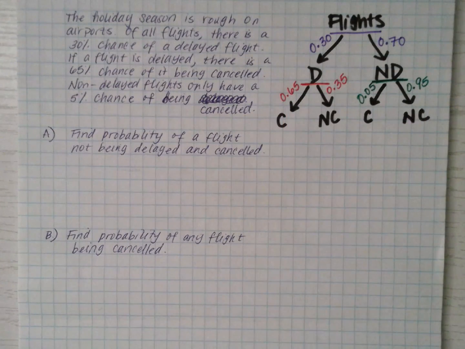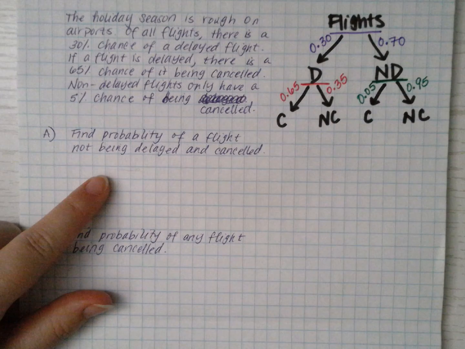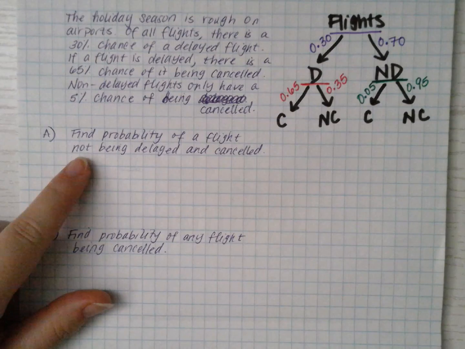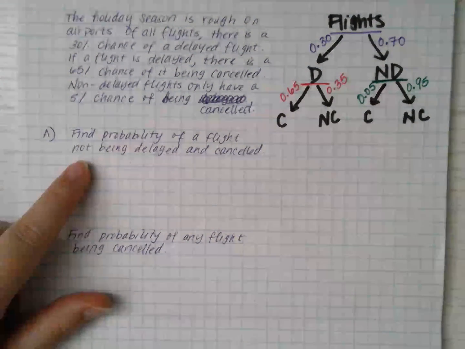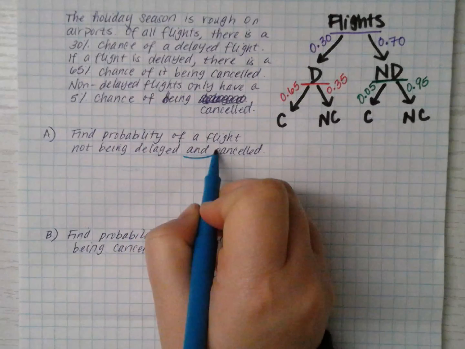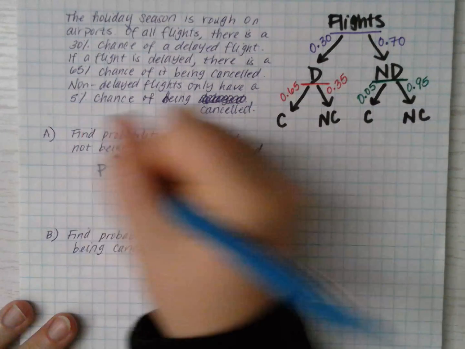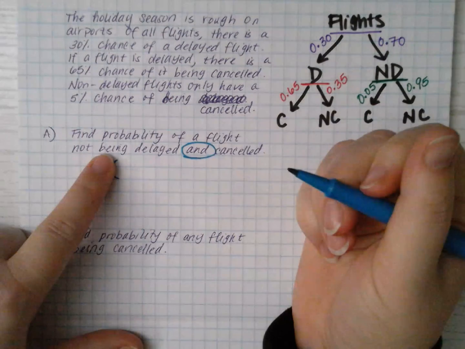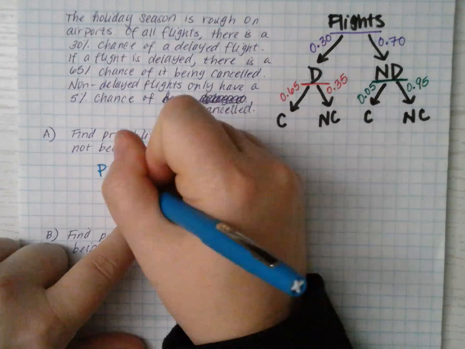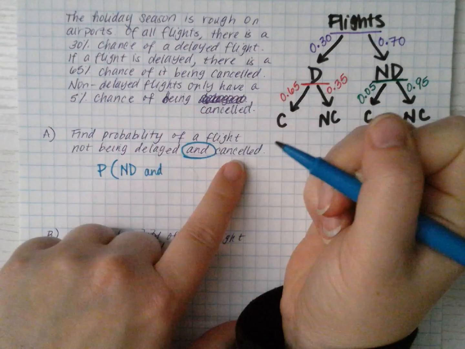So let's talk about the very first question. Find the probability of a flight not being delayed and canceled. So I'm just going to point out here that this "and" is one of my probability rules. So I'm going to write this out. The probability of a flight not being delayed, so not delayed, and canceled.